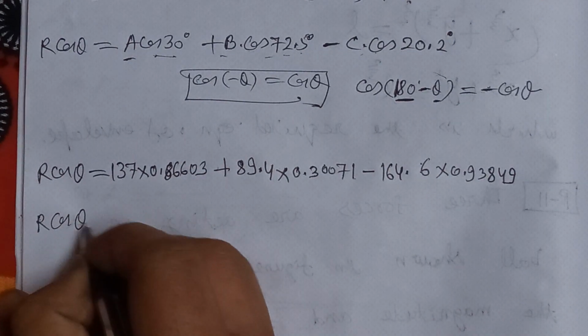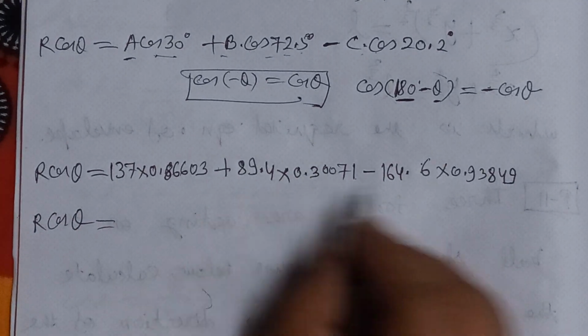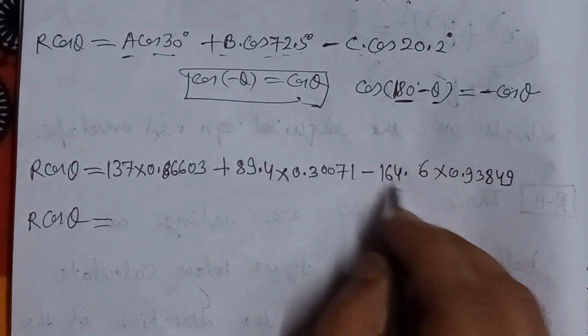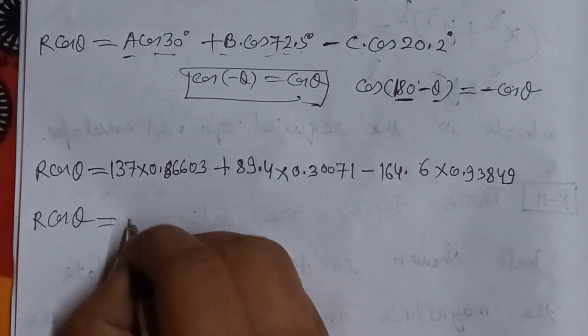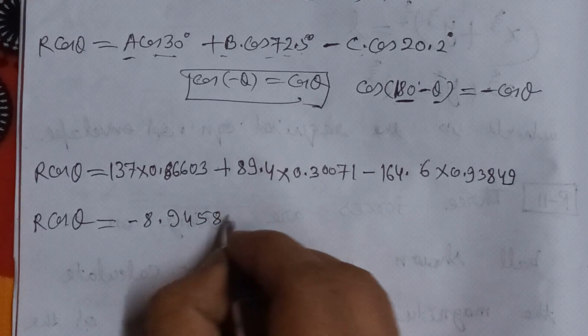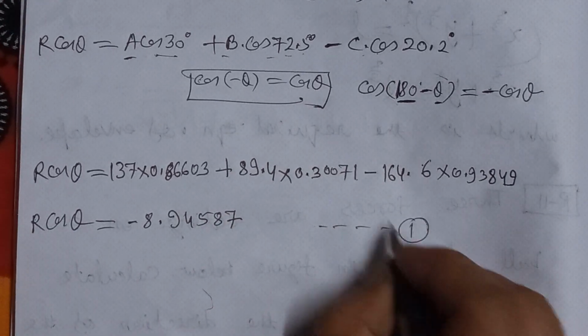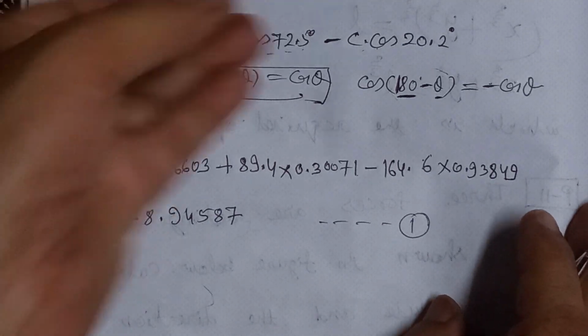R cos theta becomes, on calculating this value you can calculate easily, because this value is greater, which is negative, so we get minus 8.94587. I write this as equation number 1.